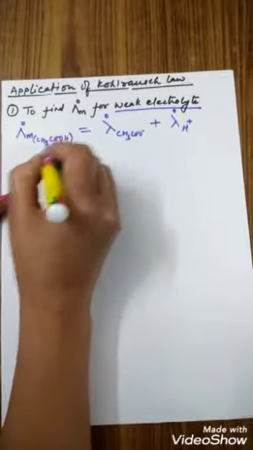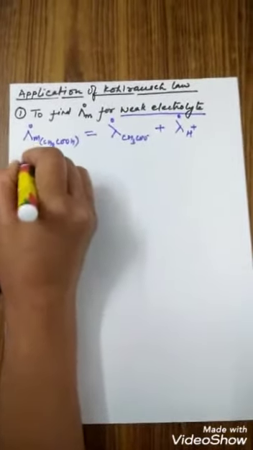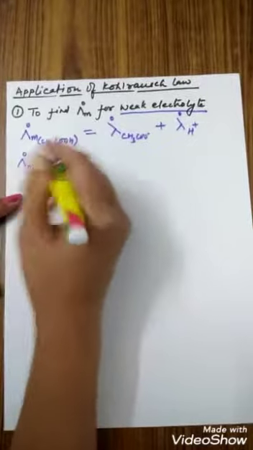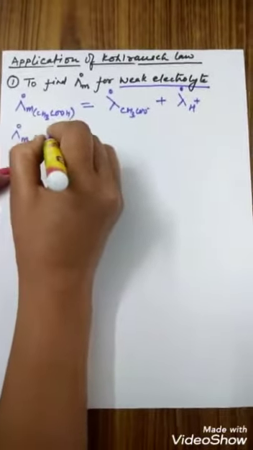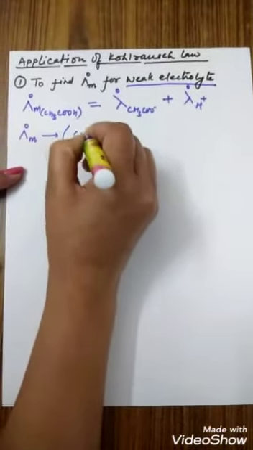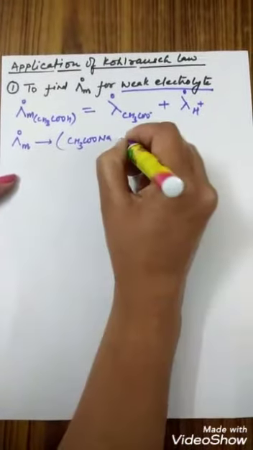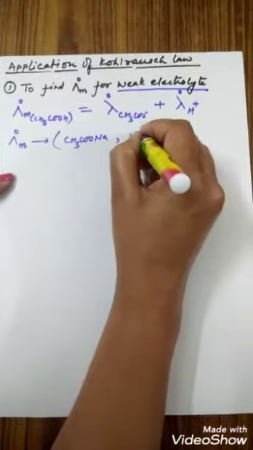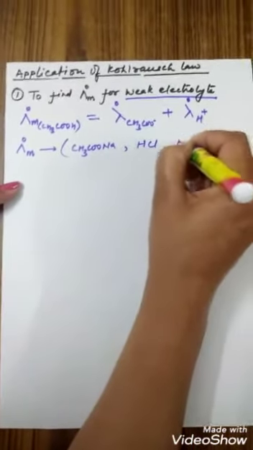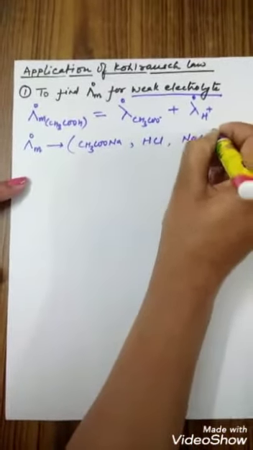For acetic acid, we will take lambda m naught of three strong electrolytes. Which would be these three strong electrolytes? They may be CH3COONa, HCl, and the third one would be NaCl.